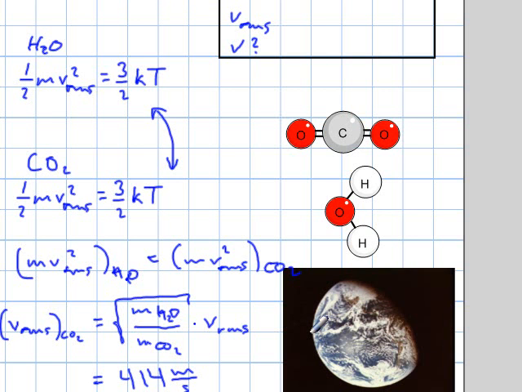So if molecules are fast enough, they can actually leave Earth, and that is called the escape velocity. And that escape velocity for Earth can be calculated from an equation that may or may not be in our book in some other place, and comes out to about 11,000 meters per second.